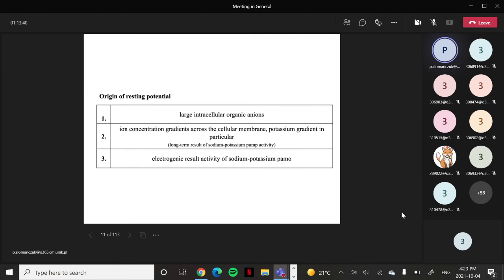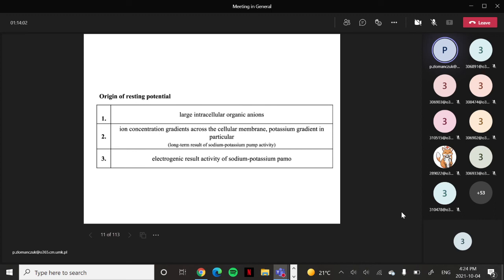And here in this table, you have three factors which are important for generating the resting potential and maintaining it at a certain level, namely in this model cell at the level of minus 70 millivolts.